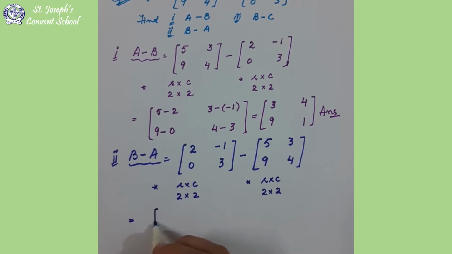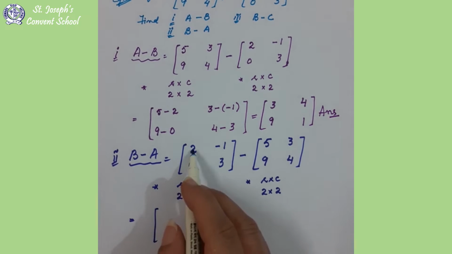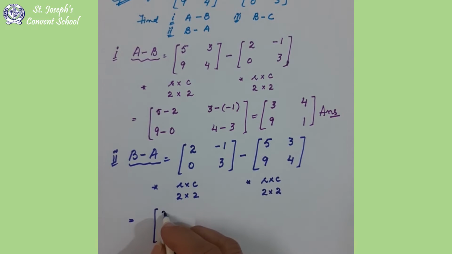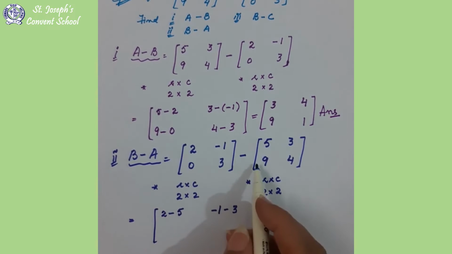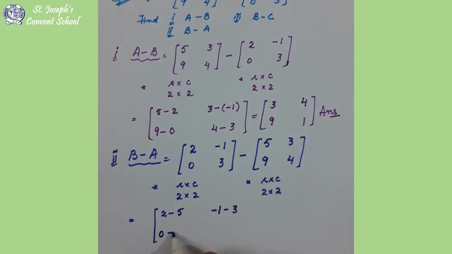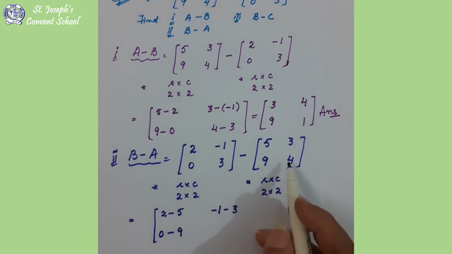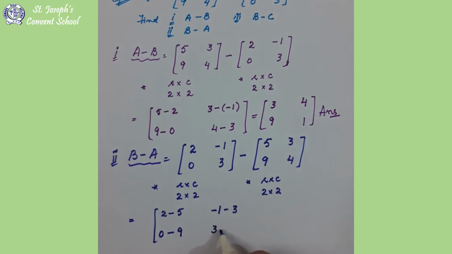Same way you will subtract. First element minus first, 2 minus 5. Second element minus second, minus 1 minus 3. Third element minus third element, 0 minus 9. Fourth element minus fourth element, 3 minus 4.